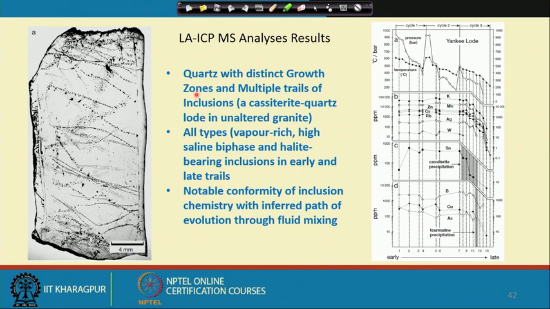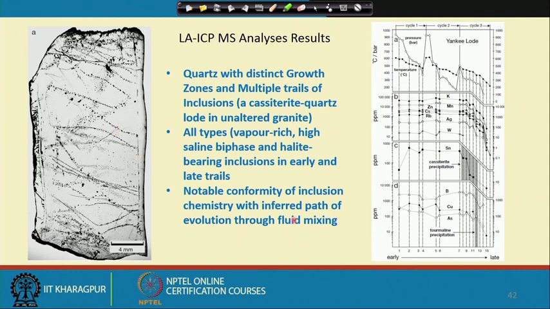So, here with the same Mole granite example, the mineralization was subjected to this LA-ICP-MS study as shown in the reference before. This is one example of one particular section taken from a quartz cassiterite vein. You could see this is a polished section of the quartz, where the different generations of the trail bound inclusions are shown, and it has about 3 to 4 growth zones.